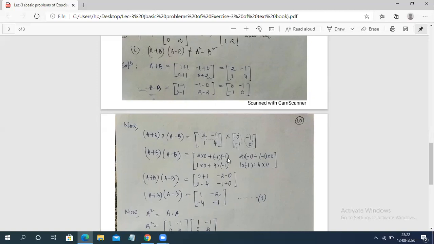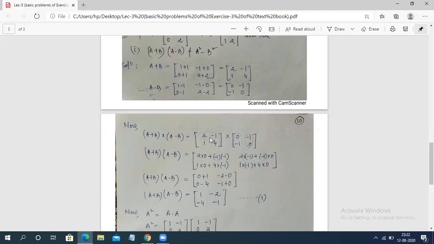So we are getting the first element of the first row. Again, first row with the second column. You multiply and then the products are added. That is 2 into minus 1 plus minus 1 into 0. We are getting the second element of the first row.